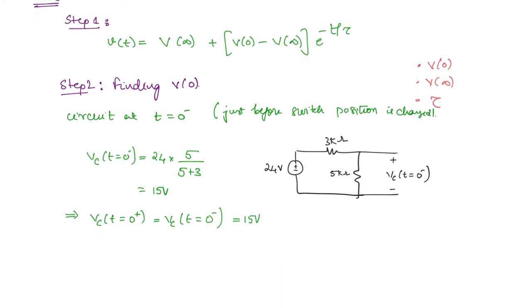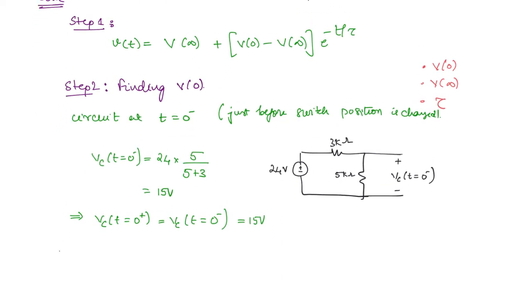Next, we found out the initial value. Next step is to find out the final value, V infinity. Here once again, just to avoid confusion, don't write this Vc, since in the question only V of t is given. Now how will you find the infinite value here?